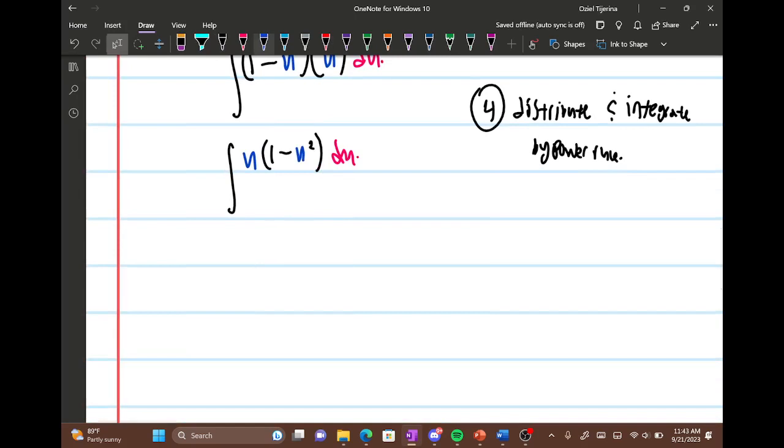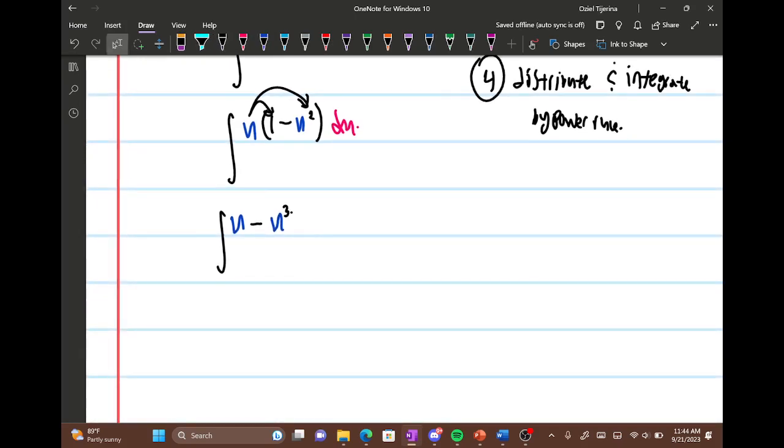We distribute here and have the integral of u minus u cubed du. And now we're going to use the power rule.